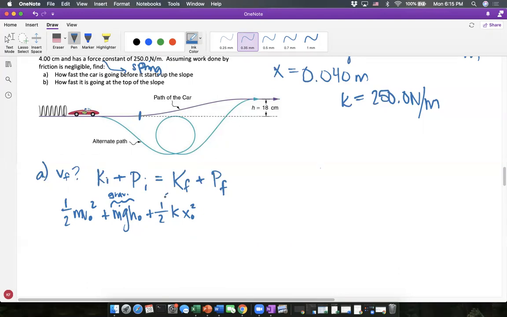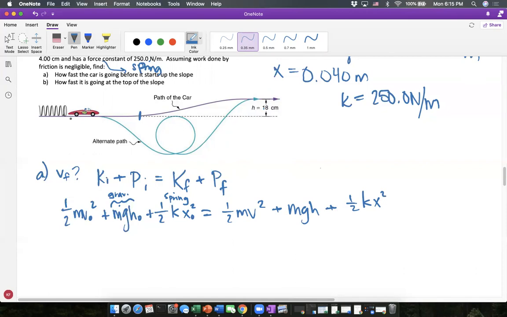So this is for our spring, equals 1/2 mv squared. I'm gonna go ahead and leave off the f, that way we don't get it too crowded, plus mgh plus 1/2 kx squared, okay? So let's note a few things.